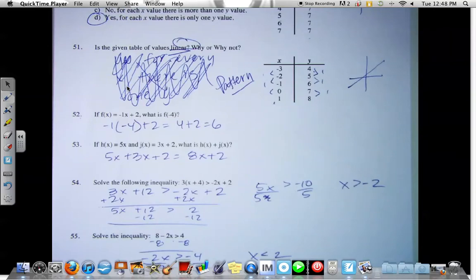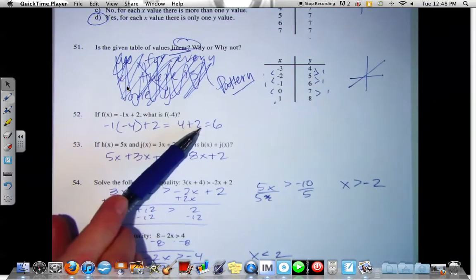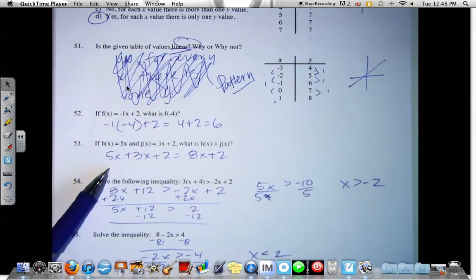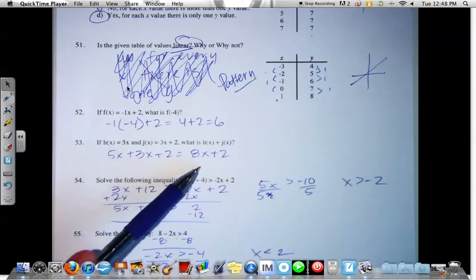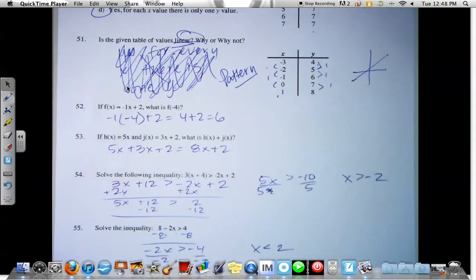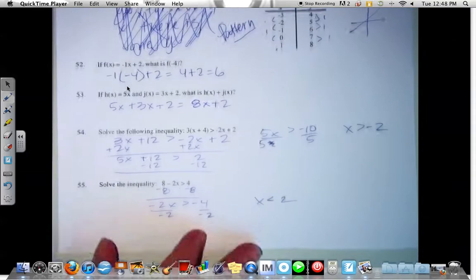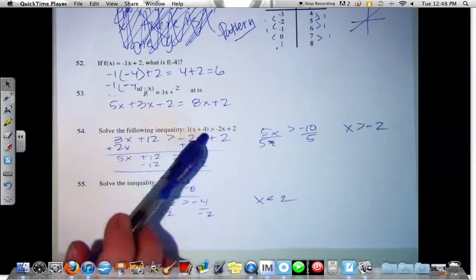52. If f of x equals -1x plus 2, what's f of -4? That would give you 6. 53. H of x and j of x give you 8x plus 2. 54. Distribute your 3.